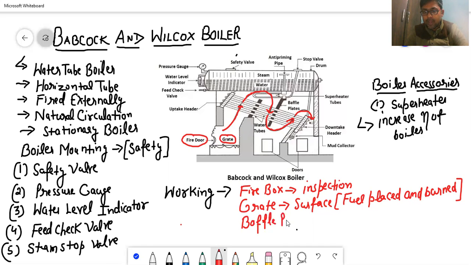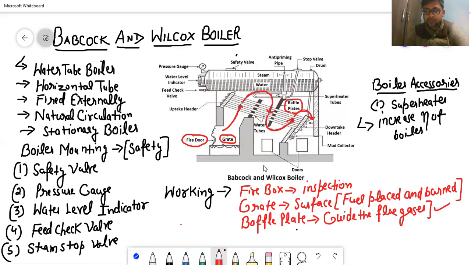So one term I am using is baffle plate, which is also written here and should be visible to you. These are baffle plates. So what is the use of baffle plates? They are just used to guide the flue gases over the water tubes that we are having. Clear? So these are known as baffle plates.